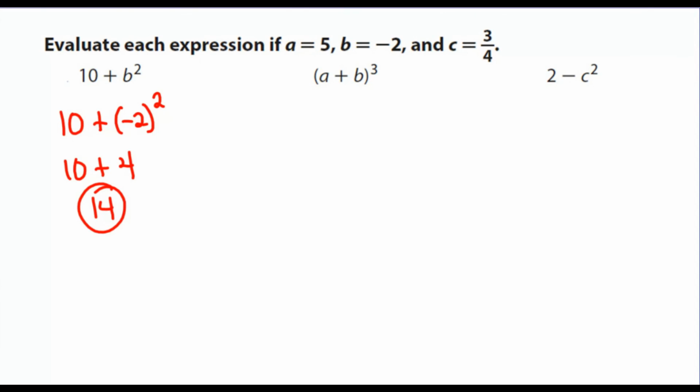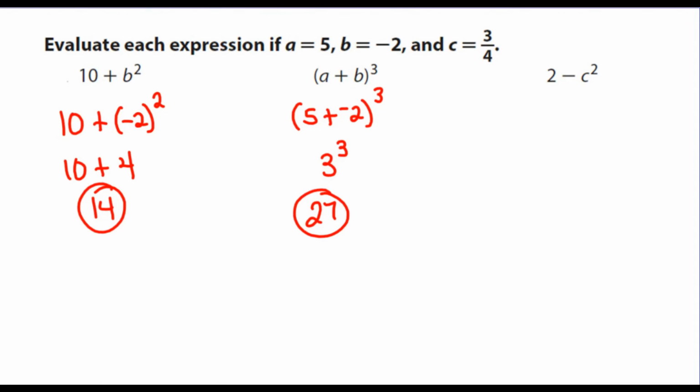Next one, a plus b to the third power, or a plus b cubed. We have to do the grouping symbols first, so this is going to be 5 plus -2, to the third power. Have to do what's inside the parentheses. 5 plus -2 is 3. 3 to the third power is 3 times 3 times 3, which is 27.